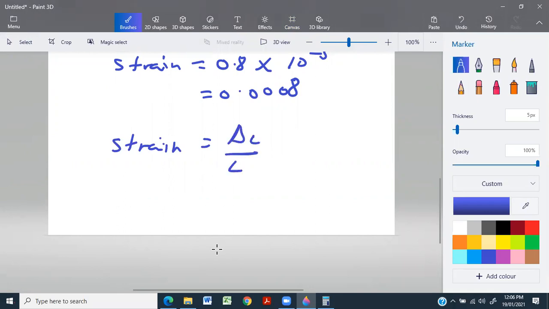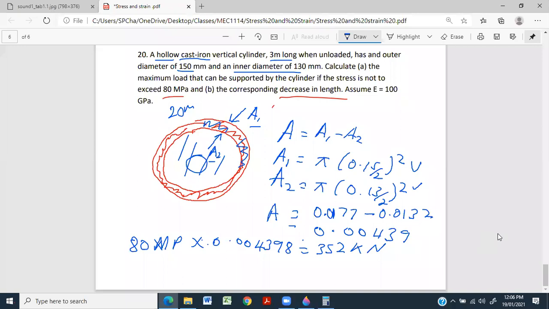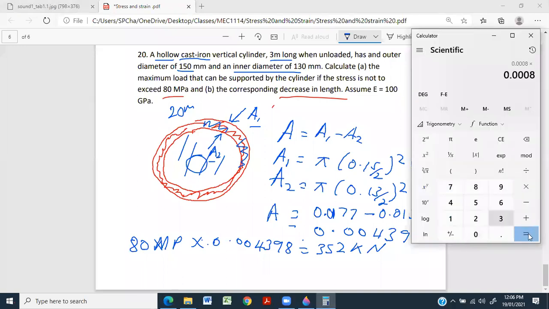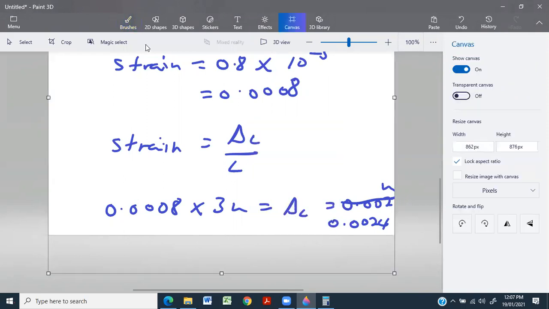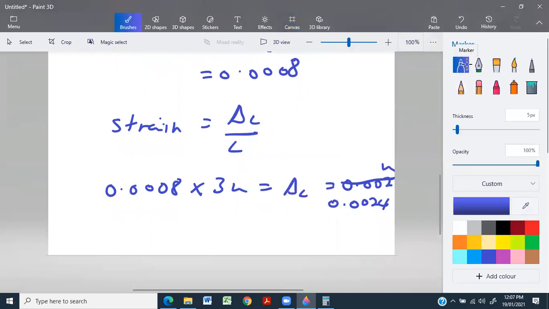So 0.0008 times the length, which is 3 meters, is equal to delta L. So delta L is 0.0008 times 3, which is 0.0024 meters, or 2.4 millimeters. That's it. That's all there is to number 20.